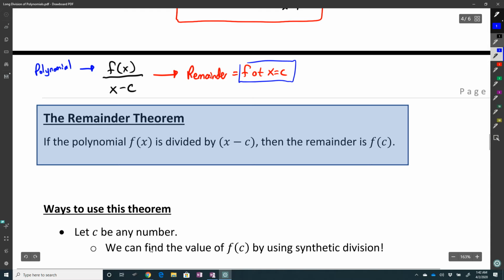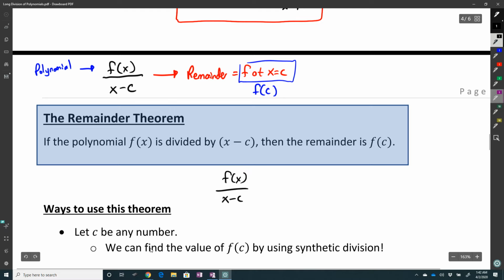F at x equals c, which we just write as f of c. Okay, so the way this works is they're basically saying if you have your polynomial, you divide it by x minus c.